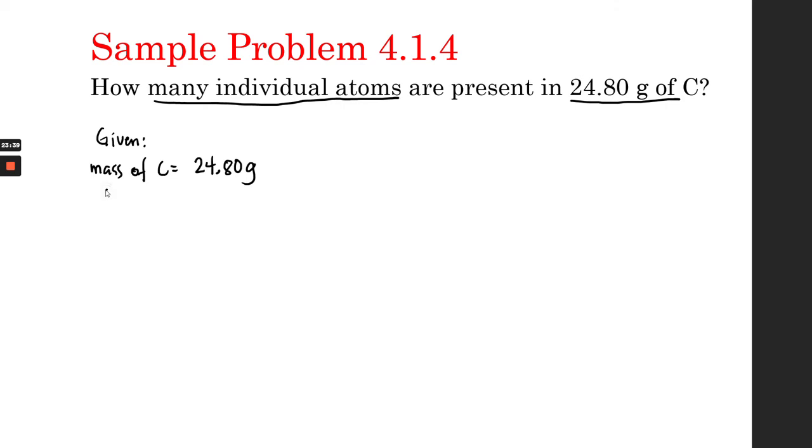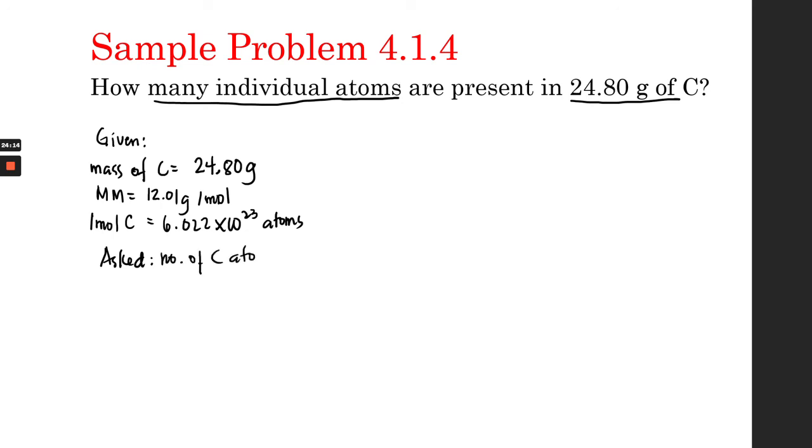I know that the molar mass of my carbon is equal to 12.01 grams per mole. I know that 1 mole of any element is equal to Avogadro's number, which is 6.022 times 10 raised to 23 atoms. And what I'm being asked is the number of carbon atoms. So my end goal is to identify how many carbon particles I have.